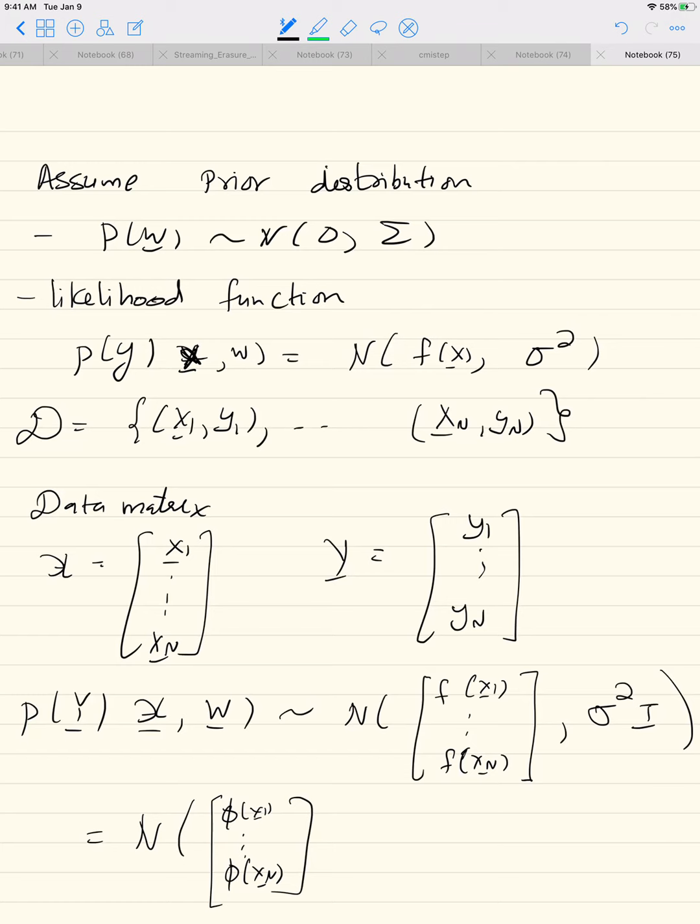We think of phi as sort of the row vectors here times W and sigma square I.